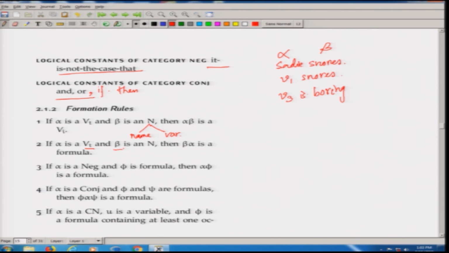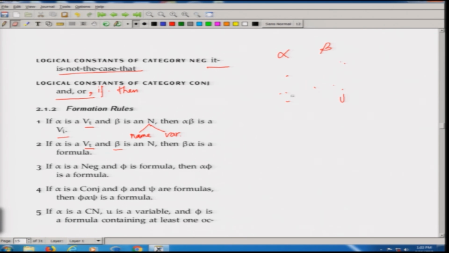So first we converted a Vt into a Vi. I think I need to revisit what I said. So this rule will rather be this.